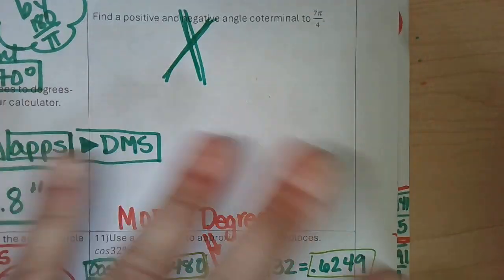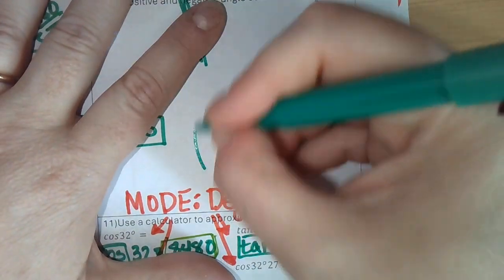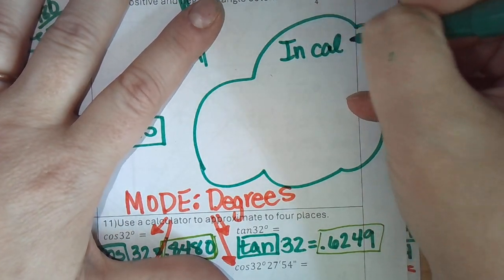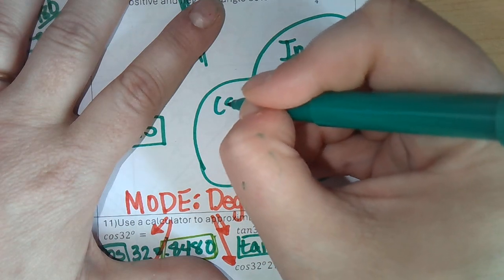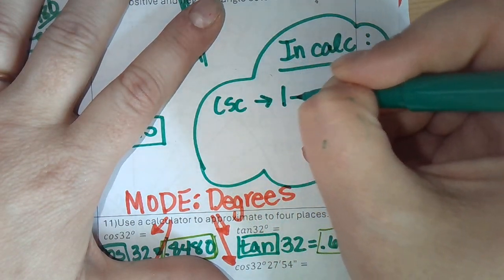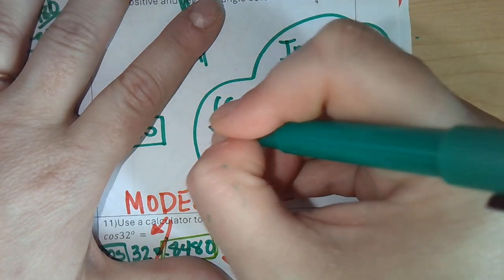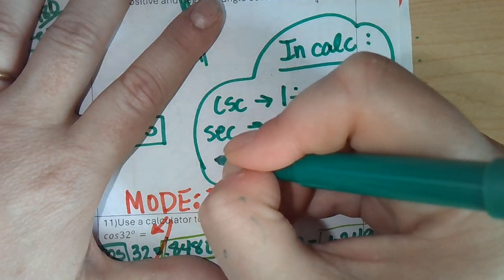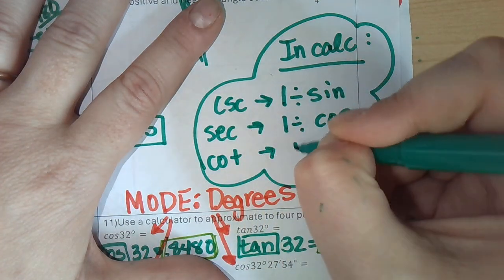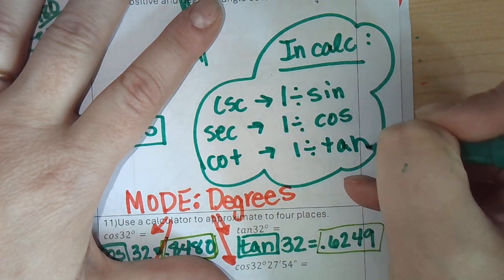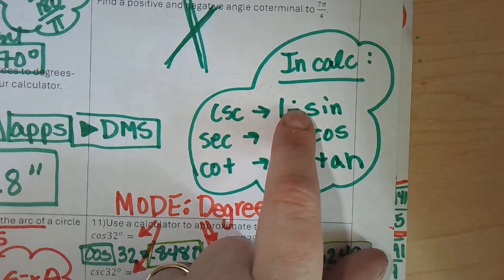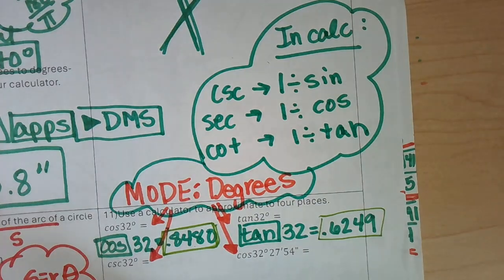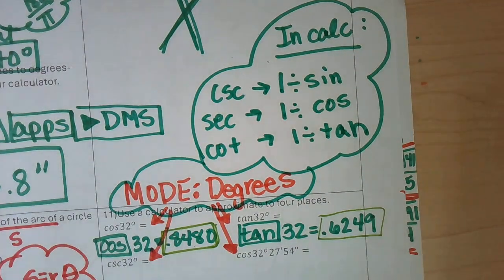I think I'm going to go ahead and write up here that in the calculator, CSC is 1 divided by sine. SEC is 1 divided by cosine. Cotangent is 1 divided by tan. So you might want to write this down on your cheat sheet, along with the fact that your mode should be in degrees and eventually in radians.